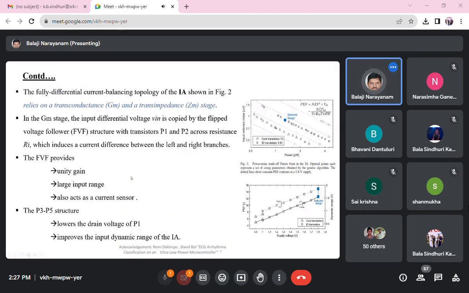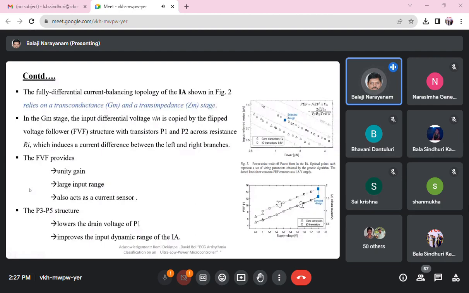FVF is short form for flipped voltage follower. It provides unity gain and a large input range. Also, it acts as a current sensor. The P3, P5 structure lowers the drain voltage of P1, and also improves the input dynamic range of the instrumentation amplifier.